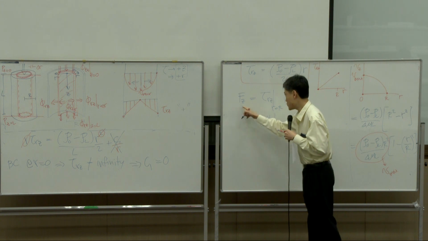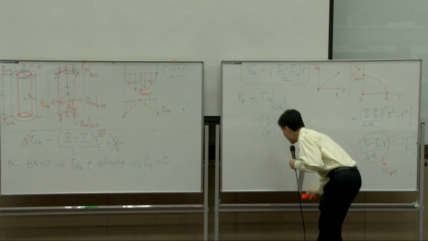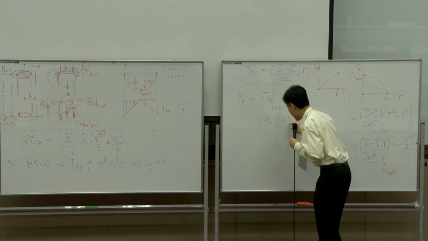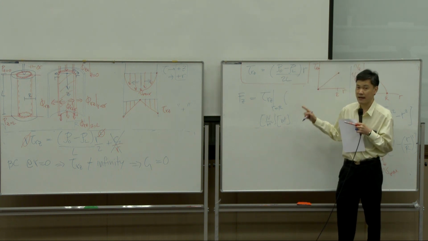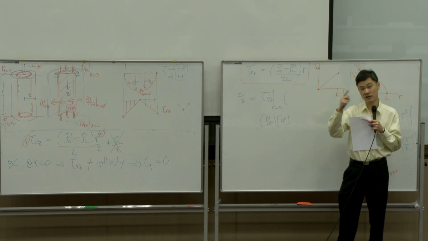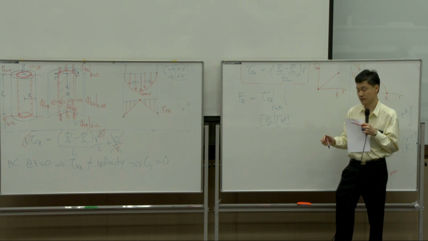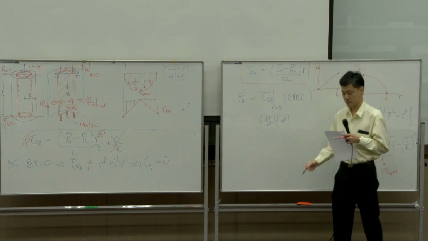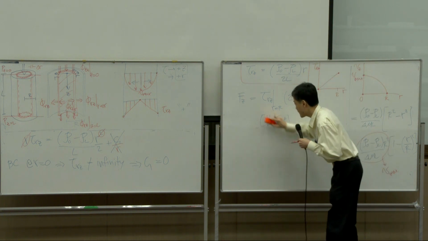In order to get newton as a force, you need to multiply by square meter, which is the area. This area is the area that the force is acting on at the wall. That would be the inner circumference of the pipe multiplied by the length. So that would be 2 pi capital R times L.